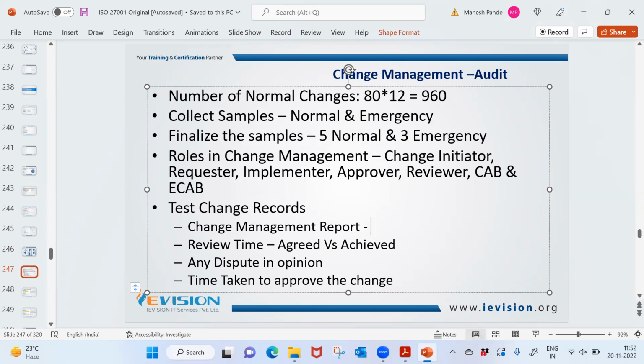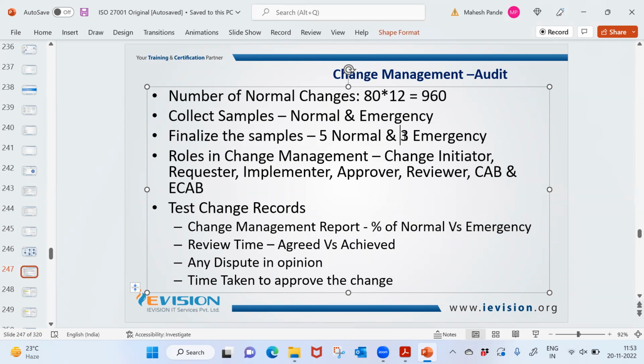Now this says the percentage of normal changes, normal versus emergency. Okay, I'll verify that. Now, if there is an increase or decrease, we can verify that.